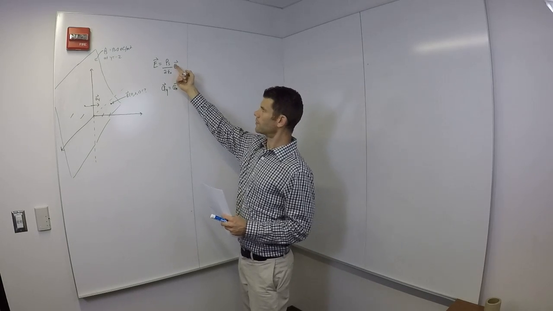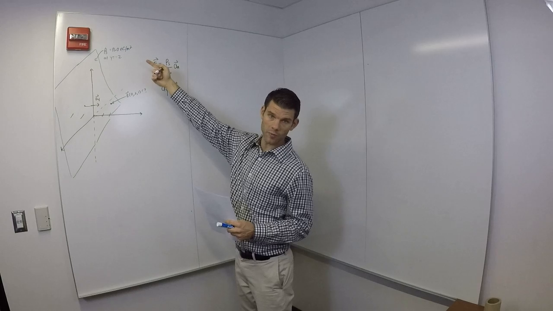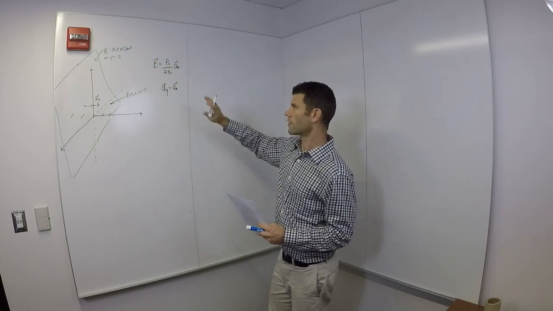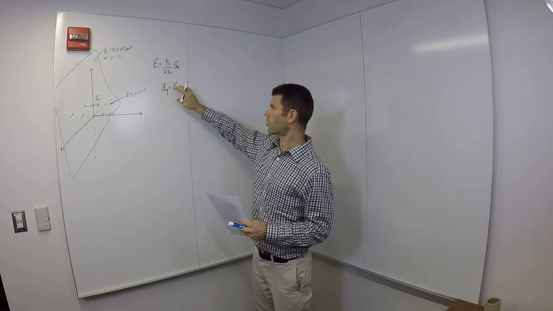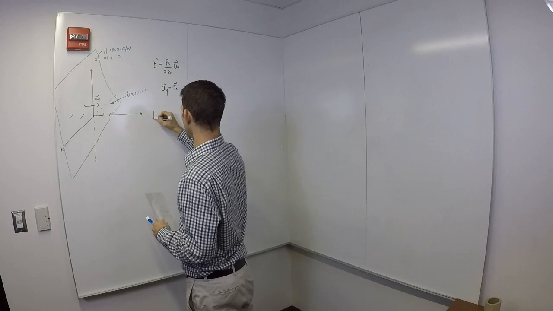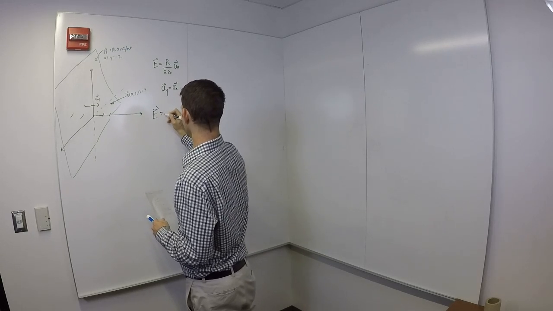We see that rho sub s is given in the problem, which is 10 nanocoulombs per meter squared, and we already have the normal vector and the other 2 components are just constant, so we can then calculate what the electric field intensity is.